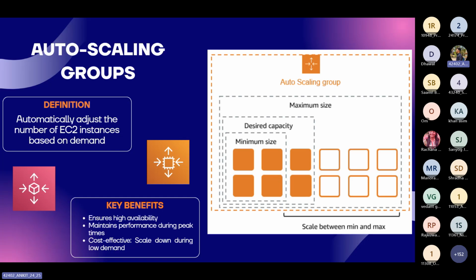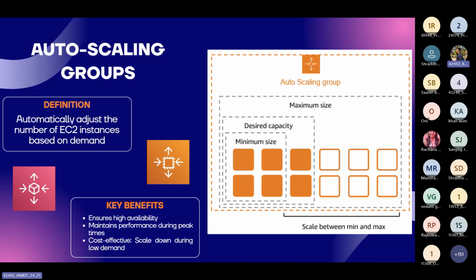These groups basically monitor your application's demand and automatically adjust the number of EC2 instances, or you can say virtual machines, accordingly. It will scale: when traffic increases, more instances are launched to maintain performance, and when demand drops, instances are terminated to save costs. See, auto scaling groups, and its name itself speaks a lot.